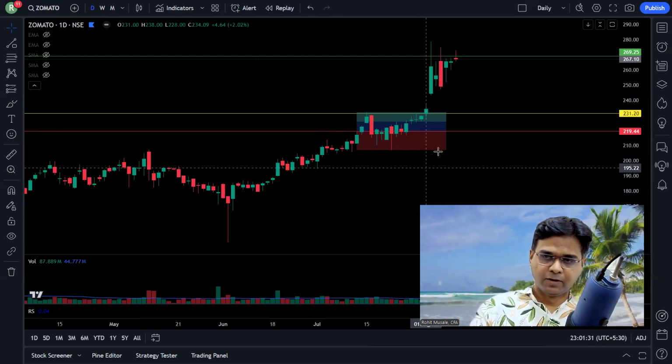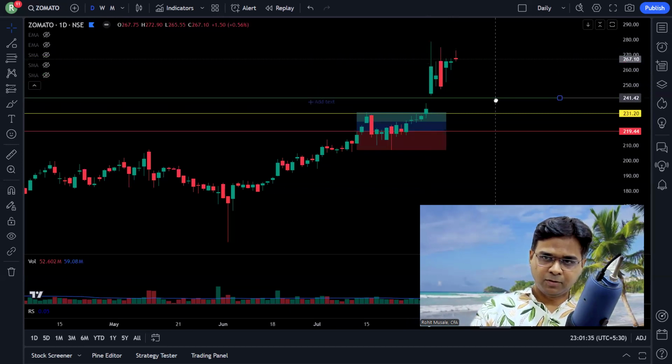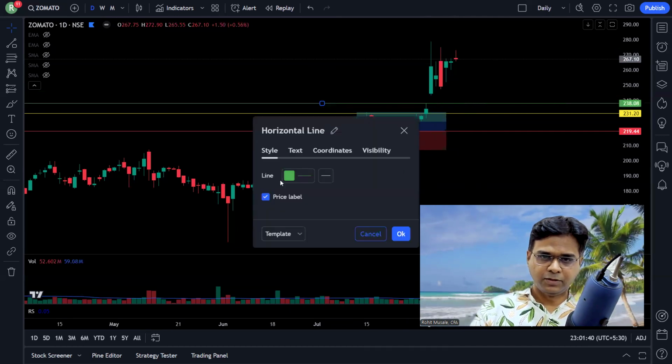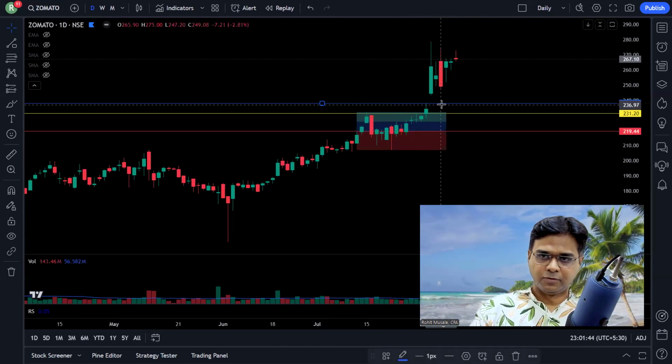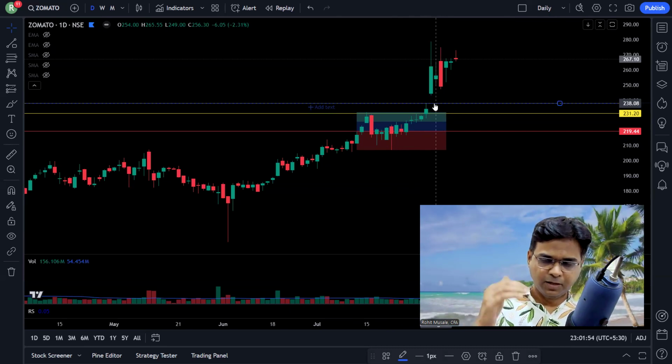And moreover, you see the rising window here. So if I keep my mental stop loss here at the low of the rising window, let me change the color. So if I keep my mental stop loss here at the low of the rising window, see the rising window has the upper line and the lower line. So the lower line of the rising window becomes very strong support.